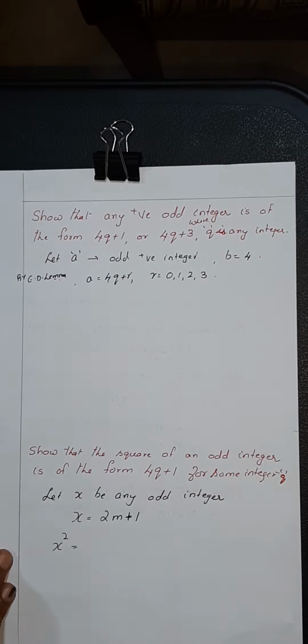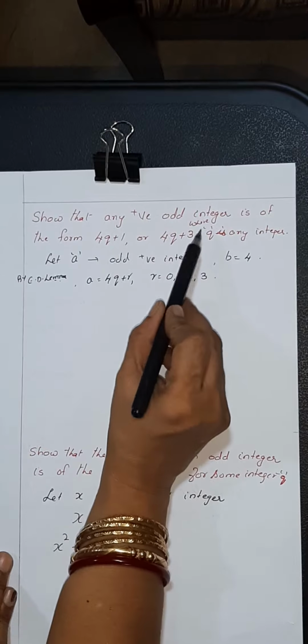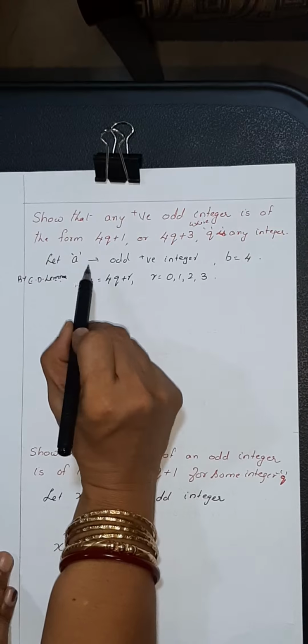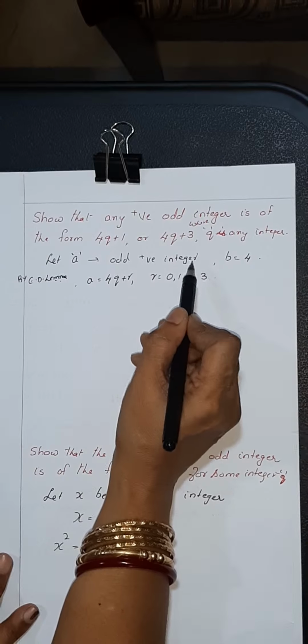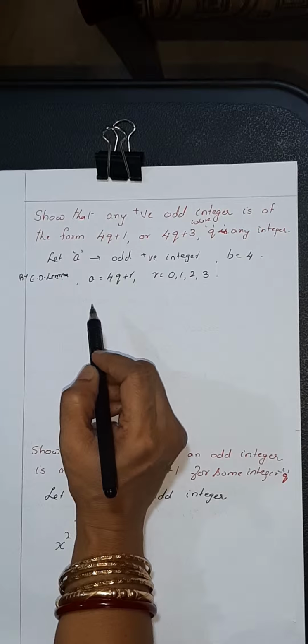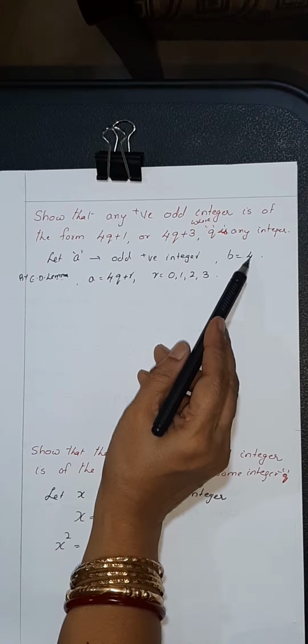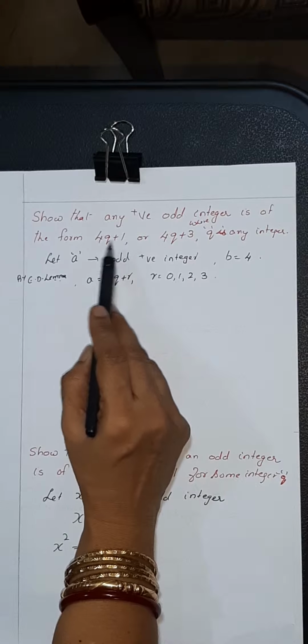Show that any positive odd integer is of the form 4q plus 1 or 4q plus 3, where q is any integer. Let a be any odd positive integer. We will take b is equal to 4, because we have to write it in the 4q plus 1 format.